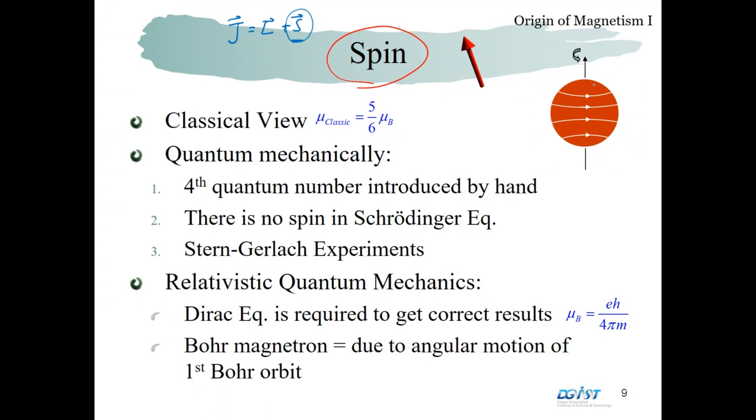If we have an electron with a finite size, and it is rotating, then you can model it as the circular motion of a charged particle.